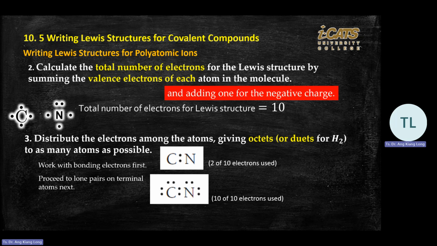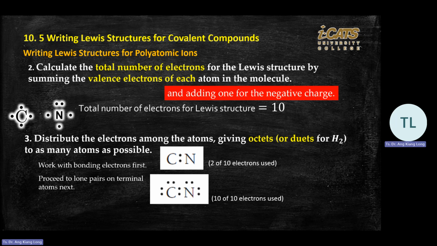Because the total number is 10, it's not the normal stable compound. Because this is a negative charge, so you get 10 electrons. You build the carbon bond first, you take 2, then the valence is 8. You divide the 8 among the molecule. But this is not stable, as you can see.